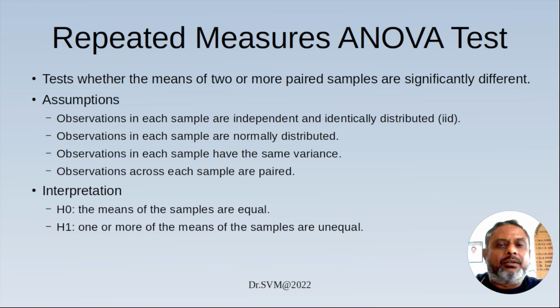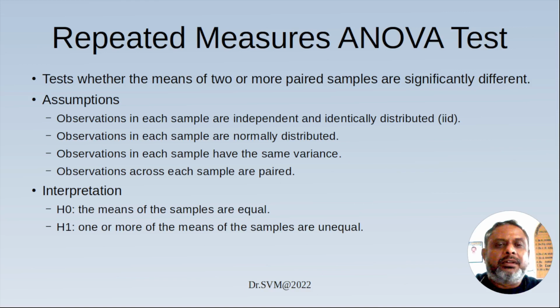Now instead of talking about student scores in the mid-exam and final exam, now you can talk about the first quarter exam, mid-exam, third quarter exam, and final exam. Four results we have, four marks we have for the same class. So they are paired, because they are talking about the same set of students.